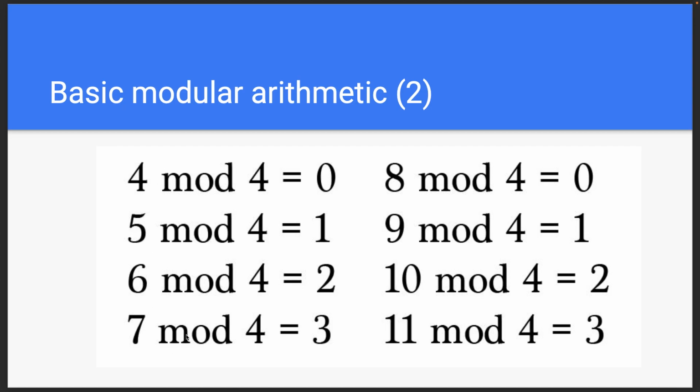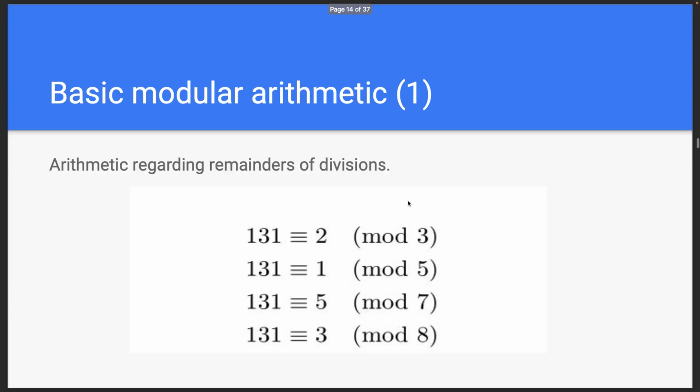This is maybe the easier way to write the operation, but generally in mathematics, I think this is the most common way, in which you write the number that you want to divide. Then the modulo is the divisor, sorry. So it means that we try to divide 131 by 3, and the 2 is the remainder.